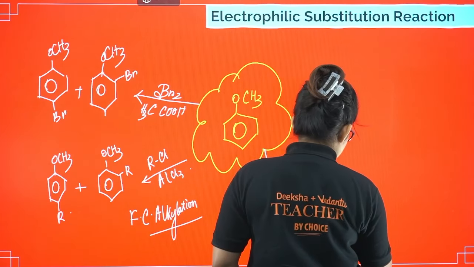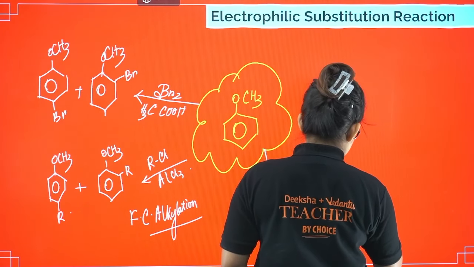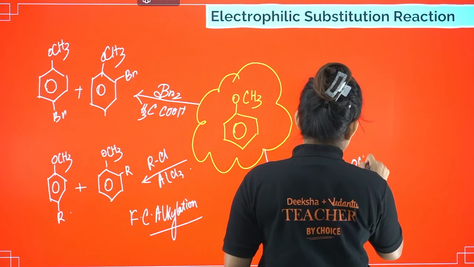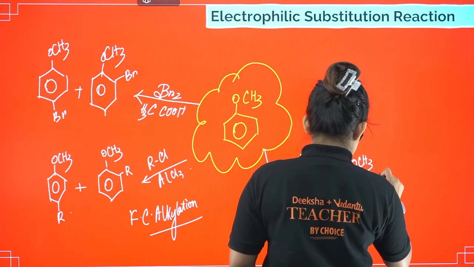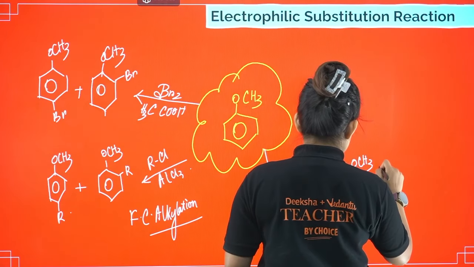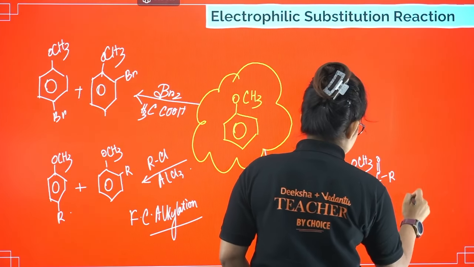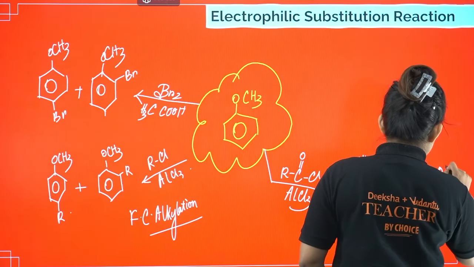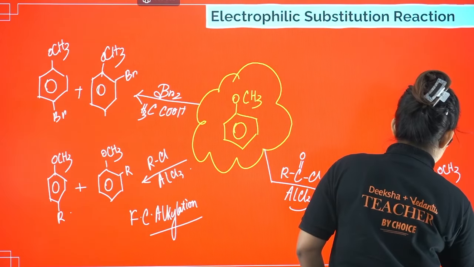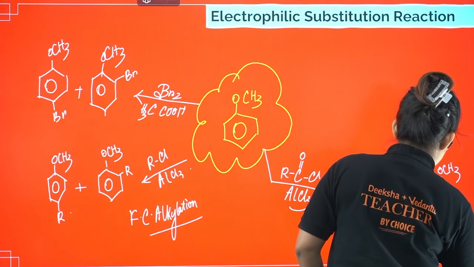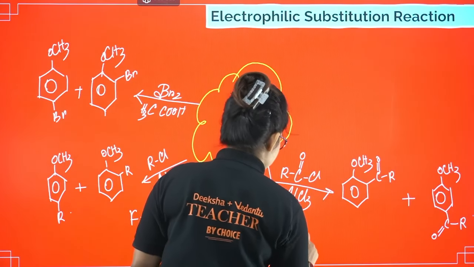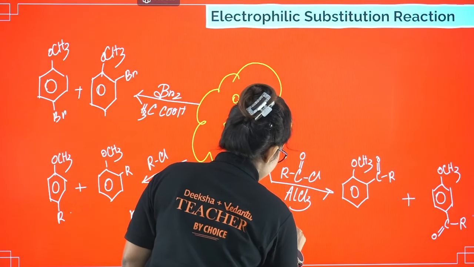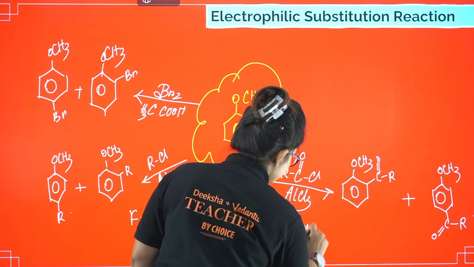Here the acyl group will be substituted in the ortho and in the para position. OCH3, here I will get COR, plus one more in the para substitution, OCH3, here I will also get COR. This is also Friedel-Crafts acylation.